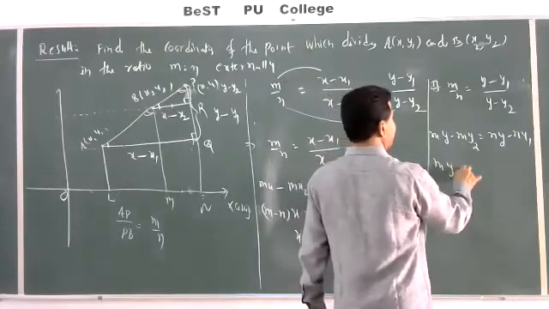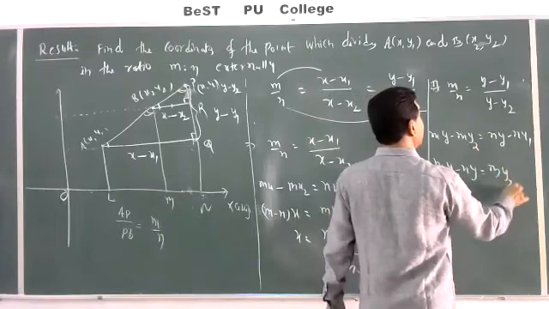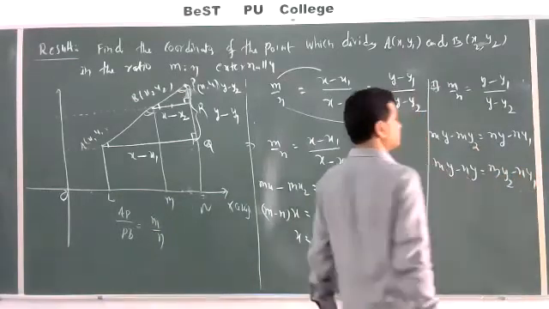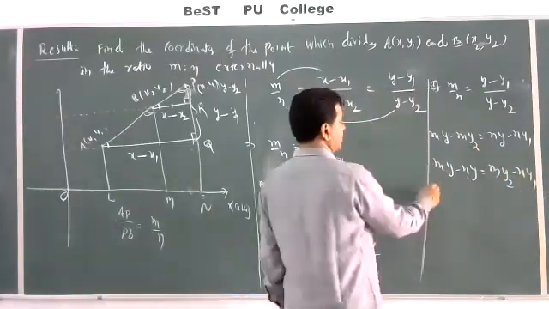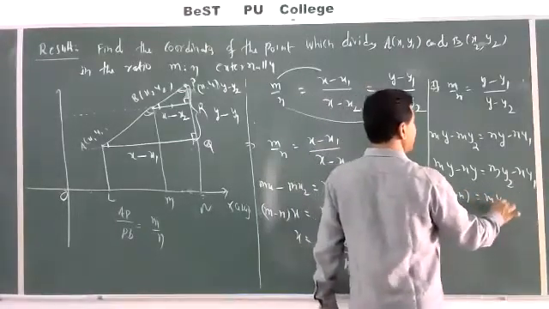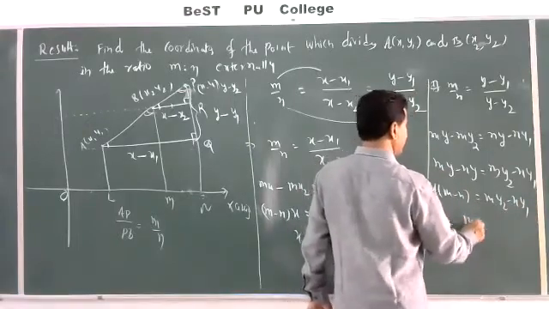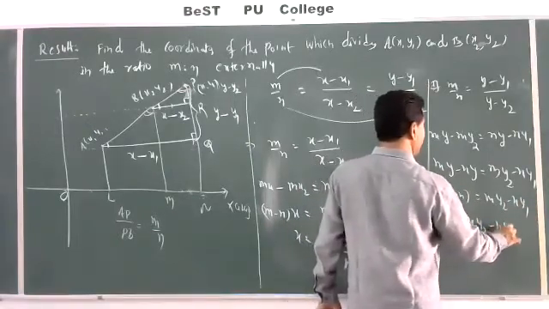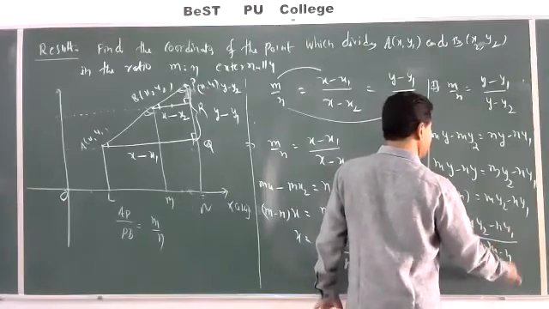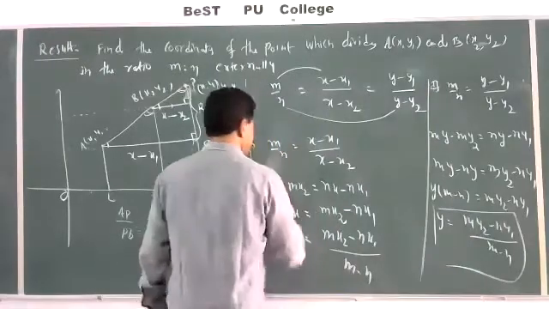So my minus ny is equal to, this minus term to right side, my2 minus ny1. Taking y common, this is m minus n, remaining it is my2 minus ny1. Just write the y value: my2 minus ny1 by m minus n. This is y. And this is x.